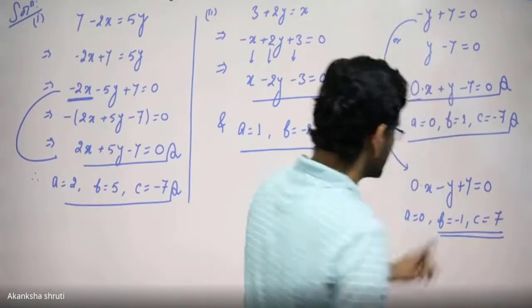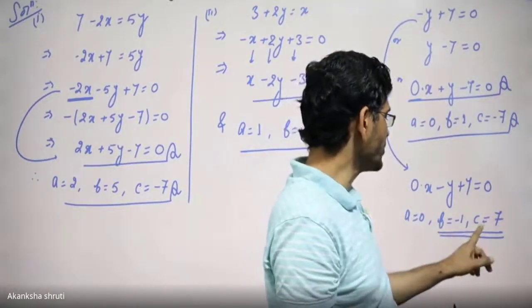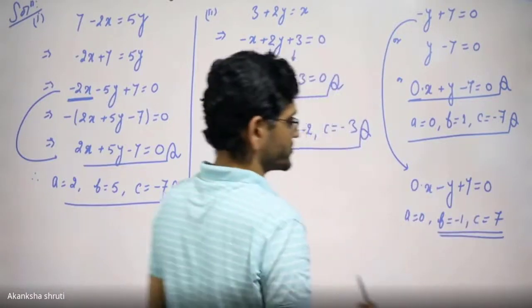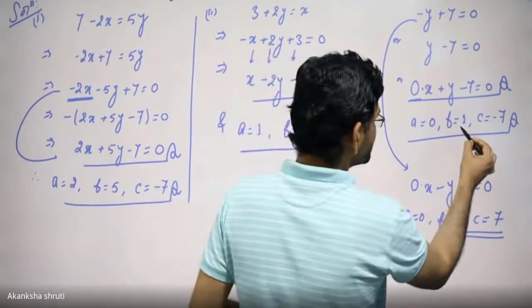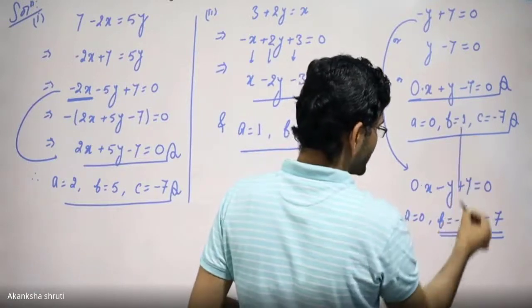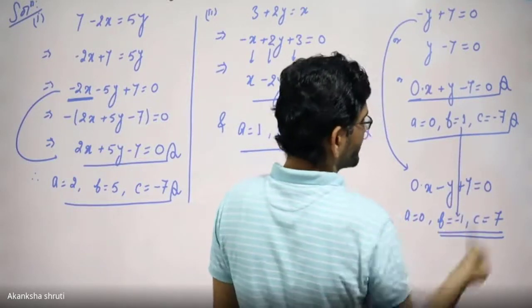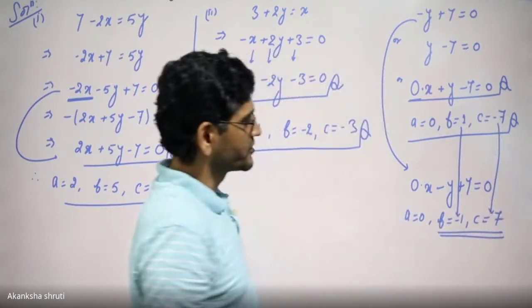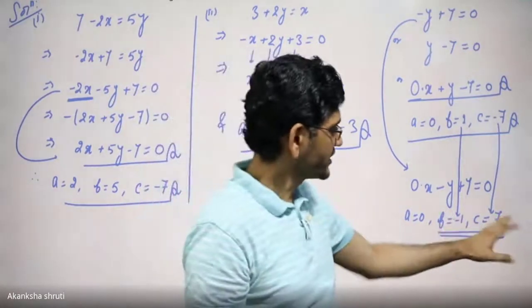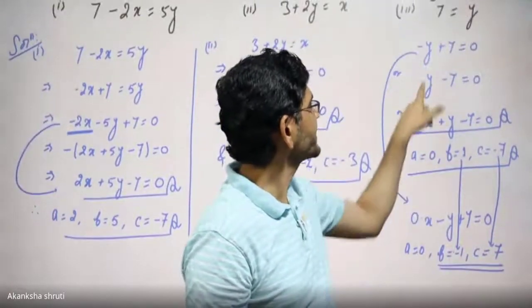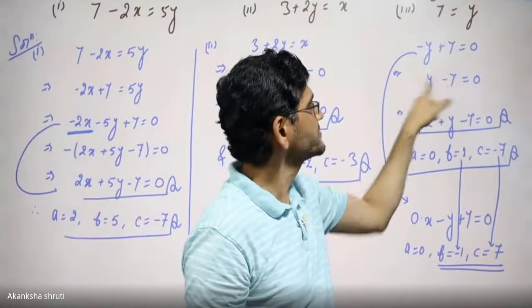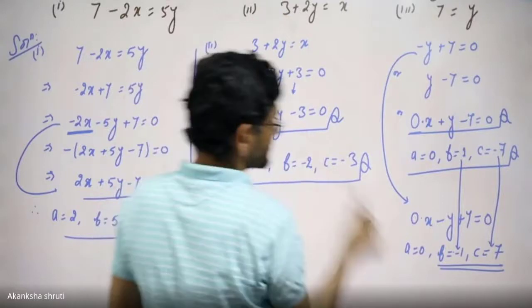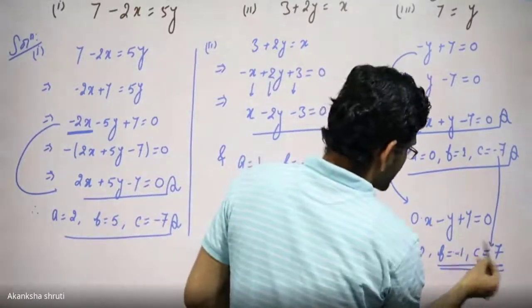So keep in mind, the sign of non-zero coefficients and constant must get changed. Like here, it was plus b, means b was 1, here it is minus now. Here this was negative, this is now positive. So when the sign changes, it will surely change in pair. That's why we had inverted the sign here itself. So this is how your first exercise is based on only this much concept.